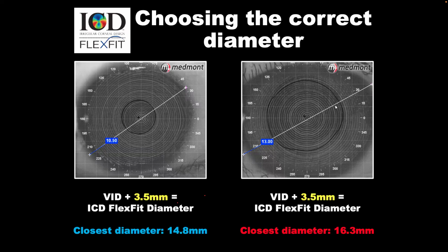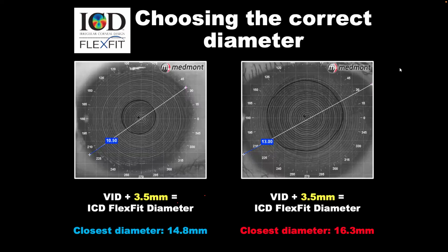So if you have this big prolate cornea, maybe best to go 4.5 and choose a larger sag lens just to vault that apex of the cornea. But you can just go with a 3.5, which is the standard, and choose the closest diameter.